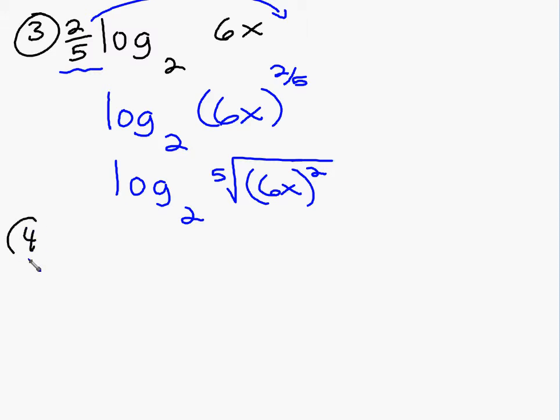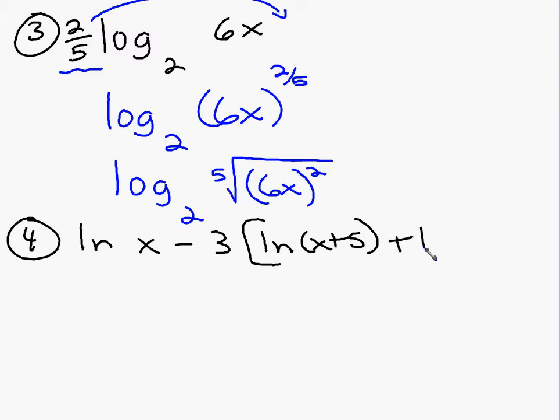All right, let's go to this problem. The natural log of x minus 3 times the natural log of x plus 5 plus the natural log of x minus 5. That's a little bit more challenging problem for condensing. Now, you might be wondering, where should I start? Kind of like we learned a long time ago, I think it's good to start inside the bracket.